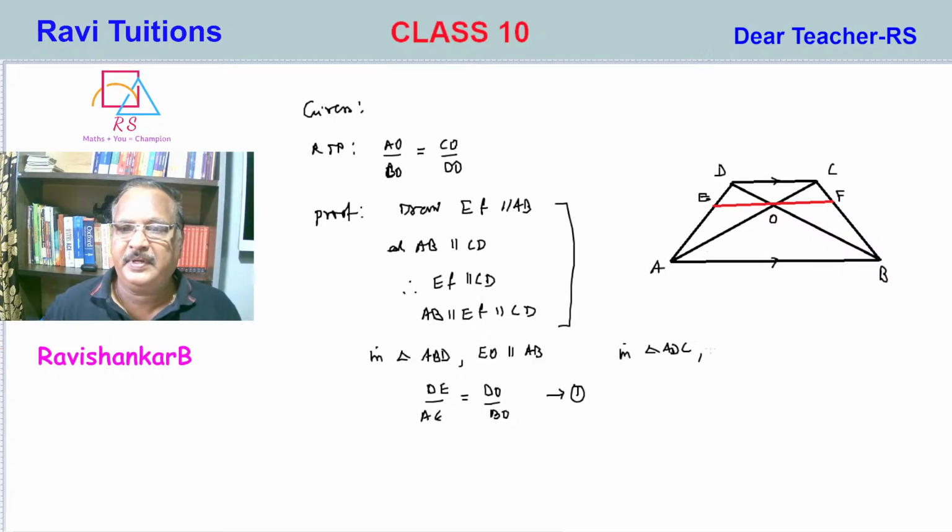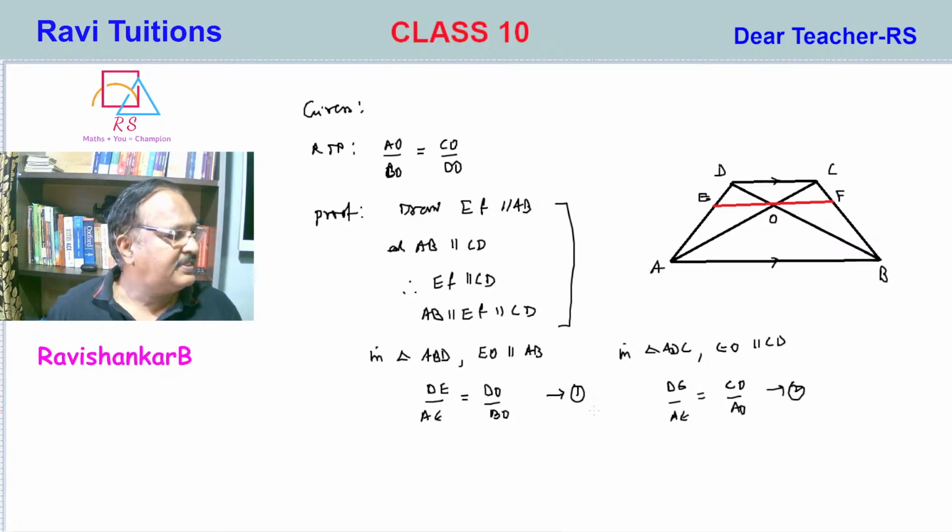So then what happened? EO is parallel to CD. Therefore, DE by AE is equal to CO by AO. This is second equation.